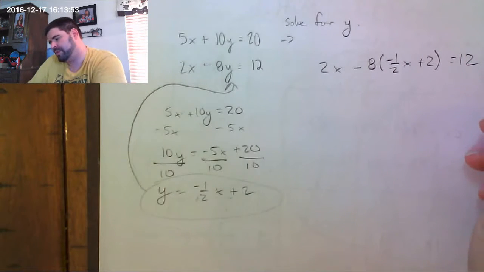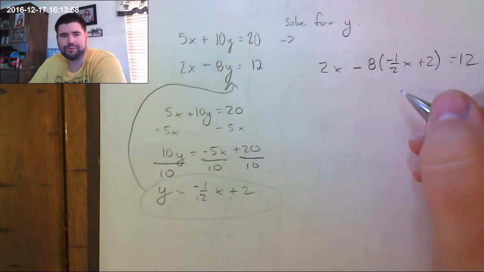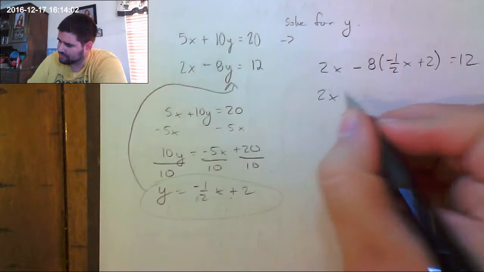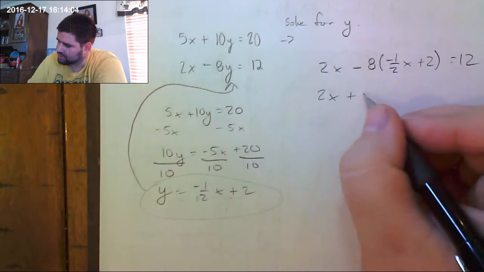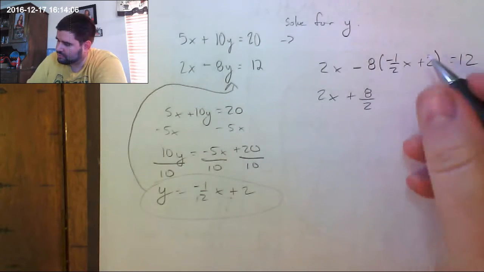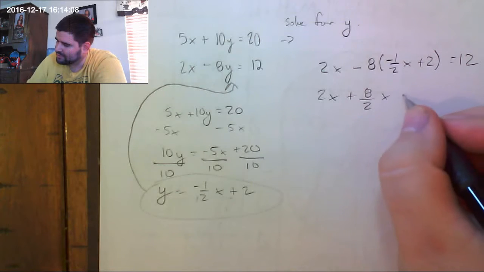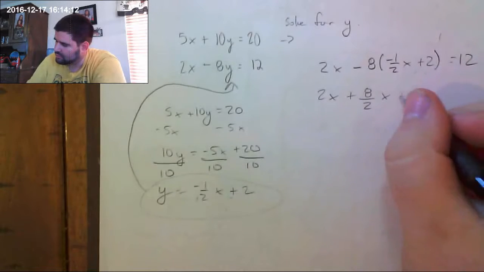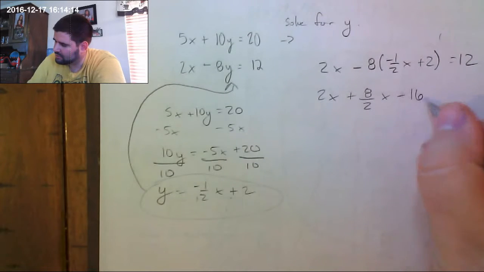I really hope this all works out. I really think it will, because 8 over 2 is 4. So I got 2x plus 8 over 2 x minus 16 equals 12.